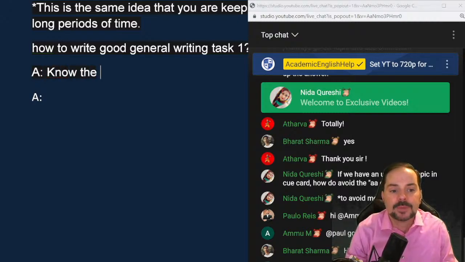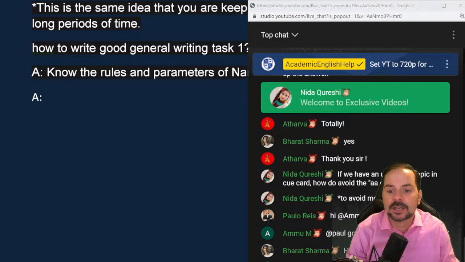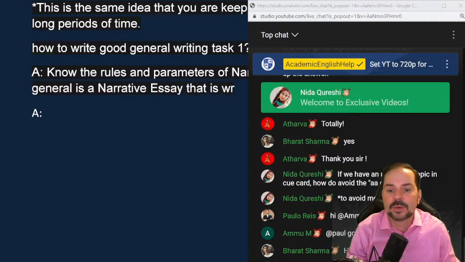Know the rules and parameters of narrative essay writing, as Task 1 General is a narrative essay that is written in the first person voice.